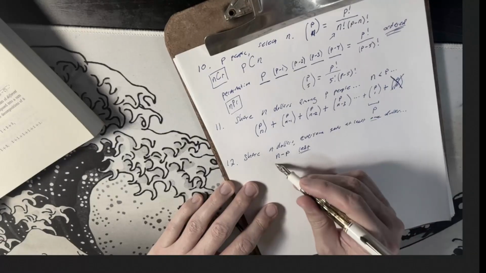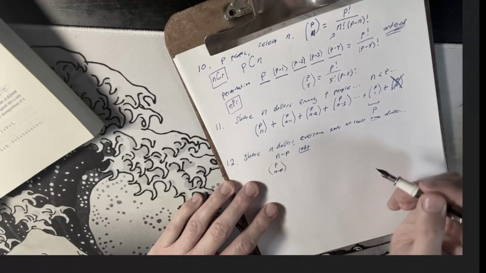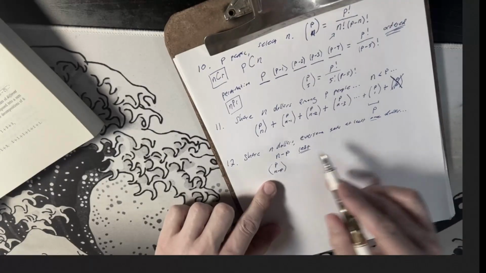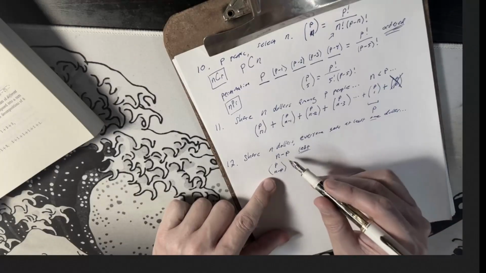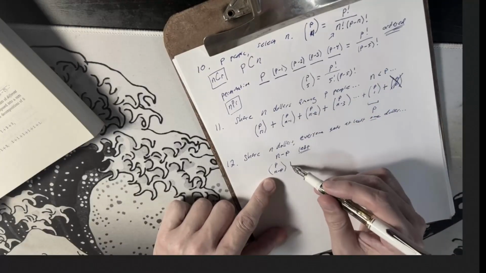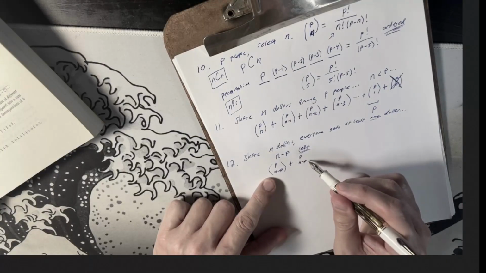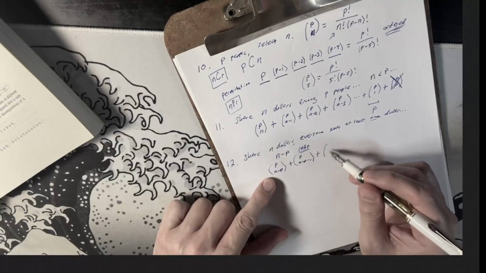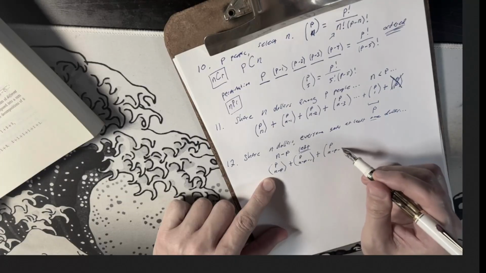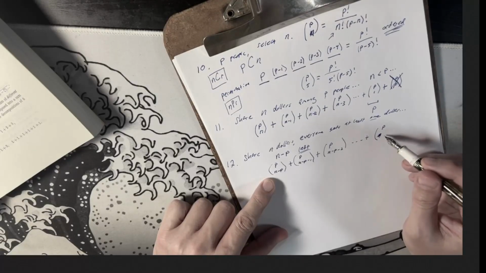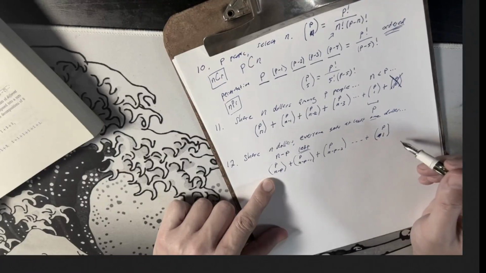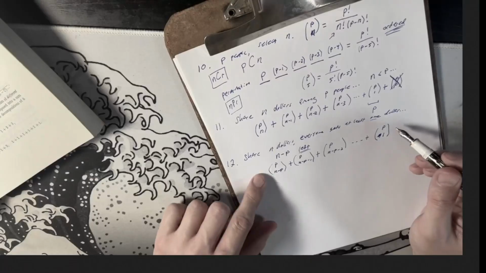You're basically just doing this. That's my answer. Choose which people get the remainder of the money. But again, it's similar to this. I would think it would be like this answer. What are we stopping at? Well, it could be that you gave all the remaining money to one person, and that would be the number of ways to do that. So this would be my answer for 12.